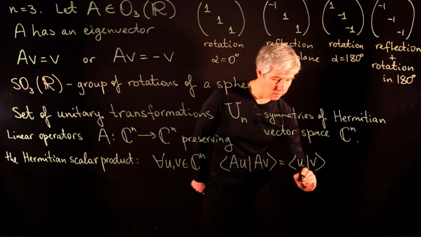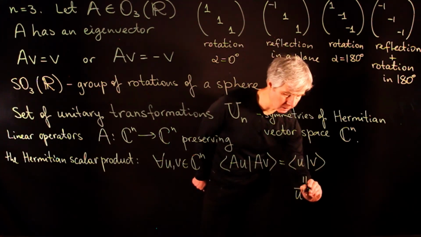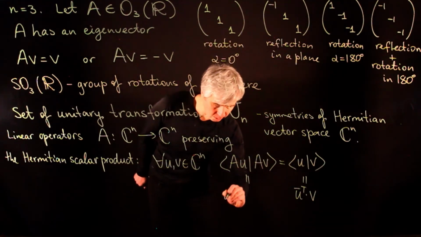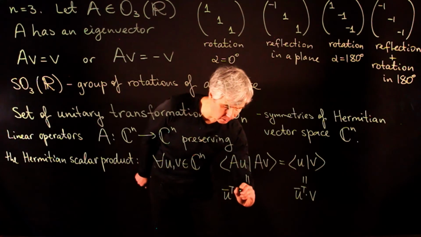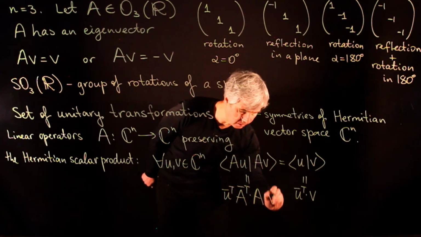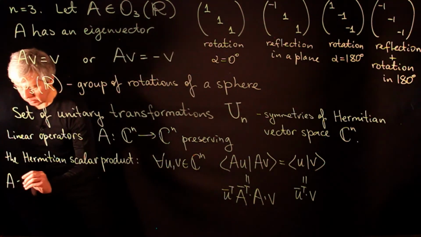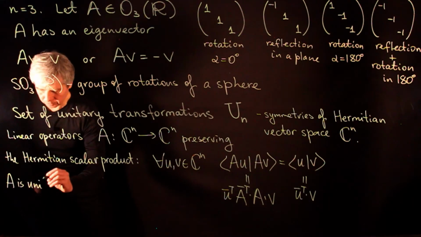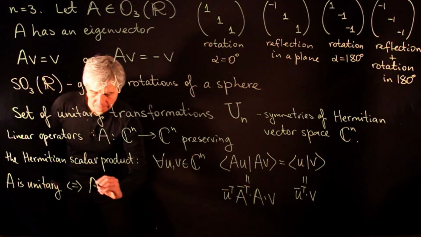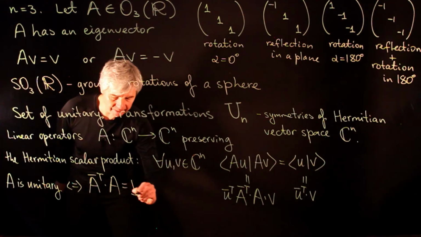And because the right-hand side can be written as u bar transpose times v, and the left-hand side can be written as u bar transpose times A bar transpose times A times v, then we see that A is unitary if and only if A bar transpose times A is equal to identity.